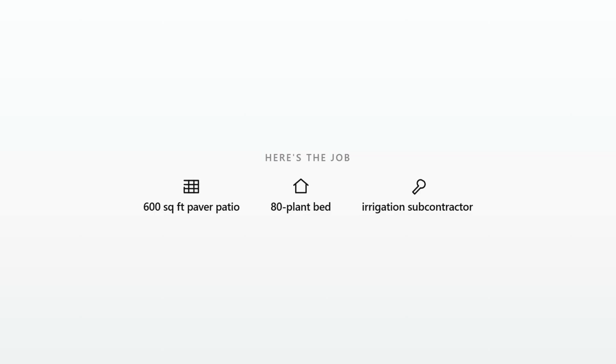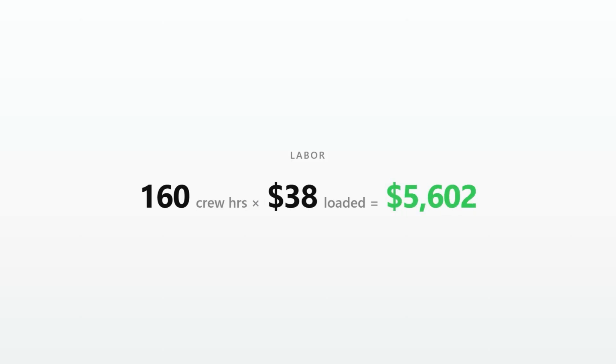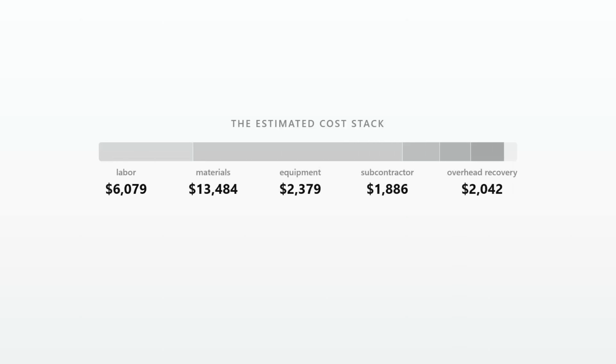Here's the job. We have a 600 square foot paver patio, an 80 plant bed, and an irrigation subcontractor. Labor's 160 crew hours at a loaded cost of $38 an hour, so $6,080. Materials are $13,500. Equipment is $2,400. The subcontractor is $2,000, and overhead recovery is $3,000.